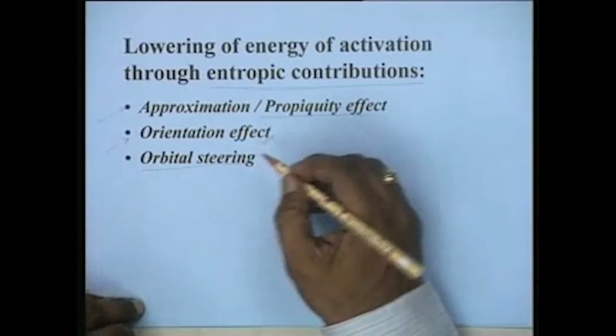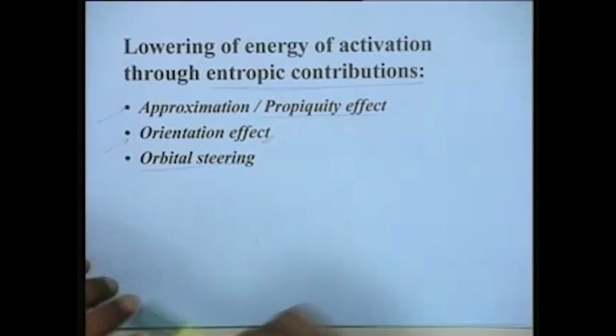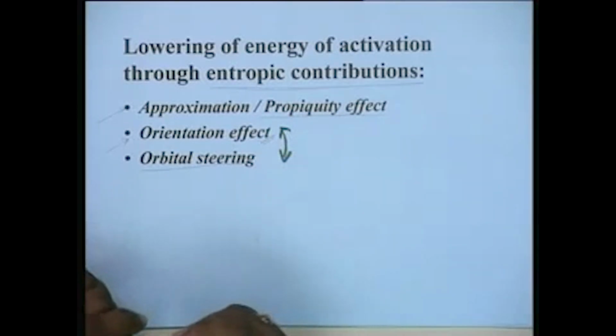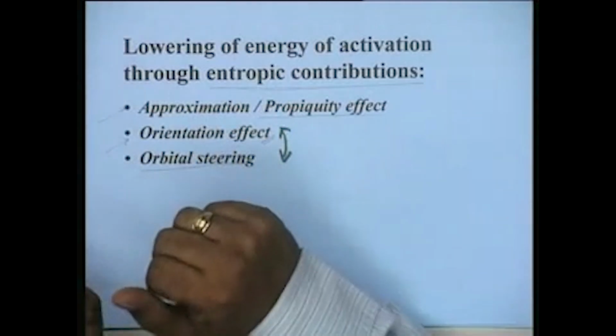Now, as a matter of fact, theoretically this concept of orientation was considered as the enzyme being able to steer the reactants into a correct orbital alignment at the active site, and therefore this effect was also called orbital steering. In fact, the two phenomena of orientation effect and orbital steering are essentially related.